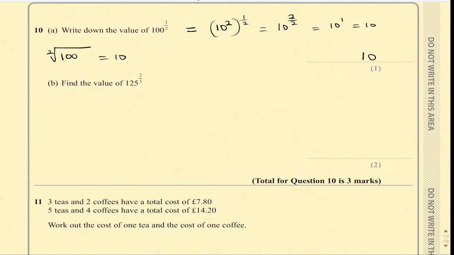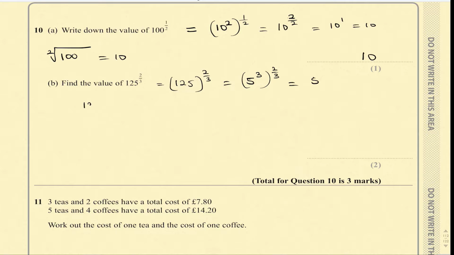B part. Well, 125 to the power 2/3 would be actually 5 cubed is 125, to the power 2/3, which means we need to multiply the powers.